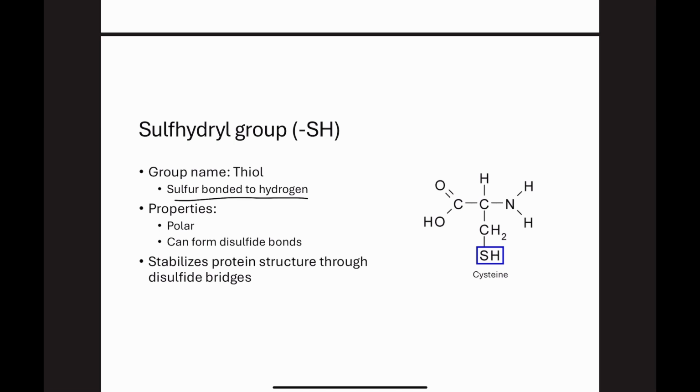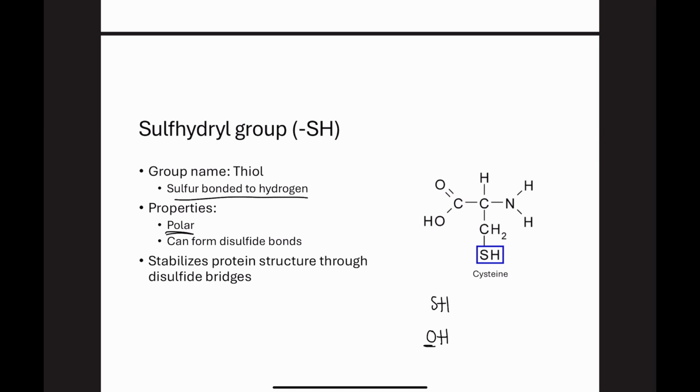And our sulfhydryl group is really structurally similar to our hydroxyl group, but instead of an oxygen, we have a sulfur. So our sulfhydryl group is polar, and basically our sulfur atom is less electronegative than oxygen, which makes the sulfhydryl group less polar in comparison to hydroxyl groups.